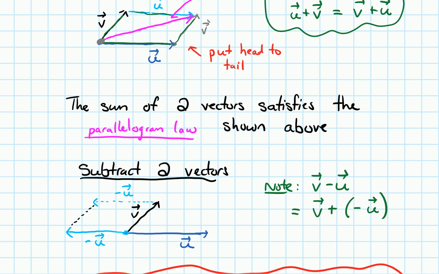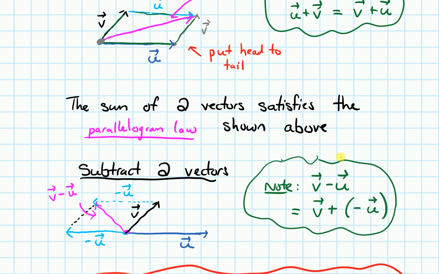I'm adding v plus negative u, so I start at this corner point and draw the diagonal to the opposite corner of this parallelogram, and that is v plus negative u, or v minus u. That's the vector that I wanted. I'll put this in a bubble here. When I subtract two vectors, what I'm actually doing is adding negative u to v, and we add those two vectors by the parallelogram law that we saw above.